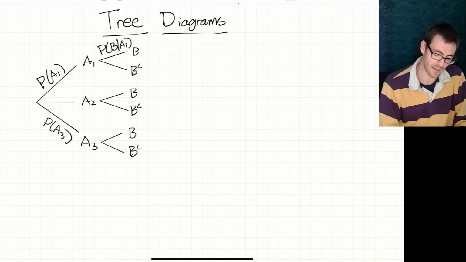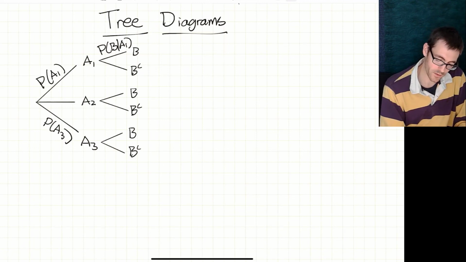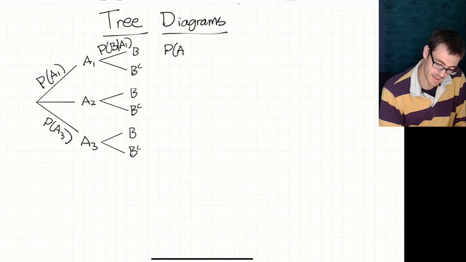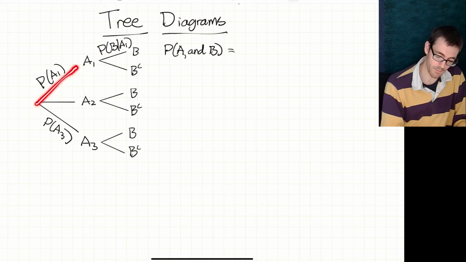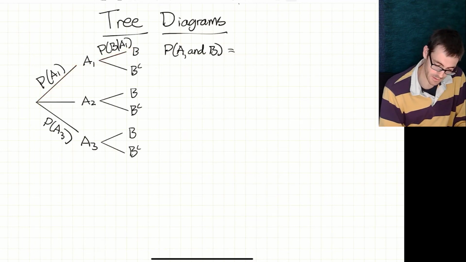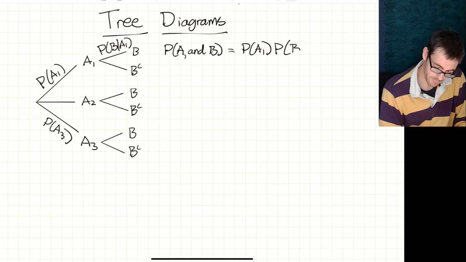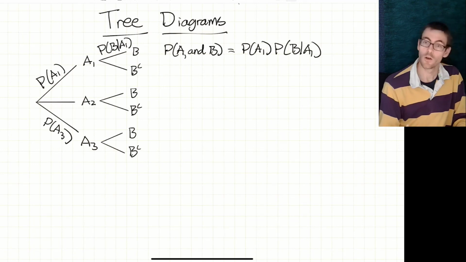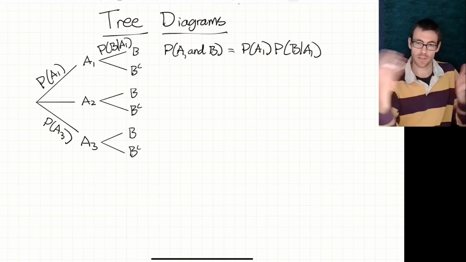One nice thing about writing these out this way is that if we want to know the probability of both of these happening, A1 and B, we can find that by just multiplying through. We multiply this term by this term, and that should be the probability of A1 times the probability of B given A1, which is the equation that we've been talking about.